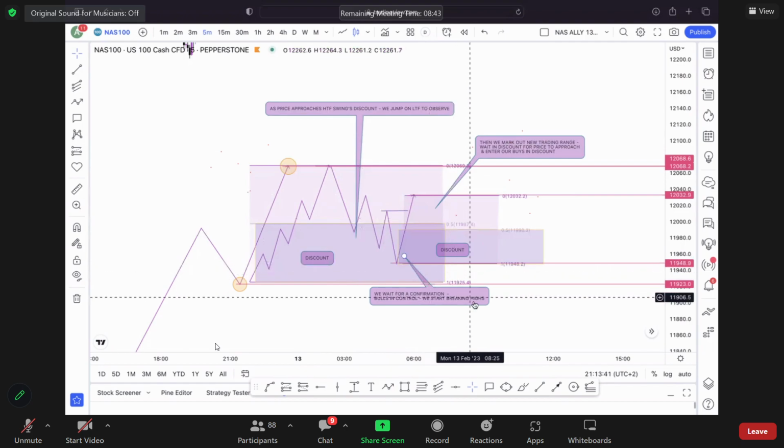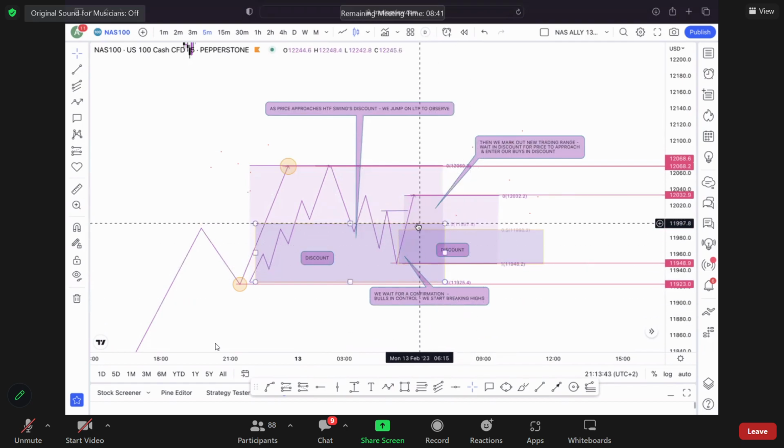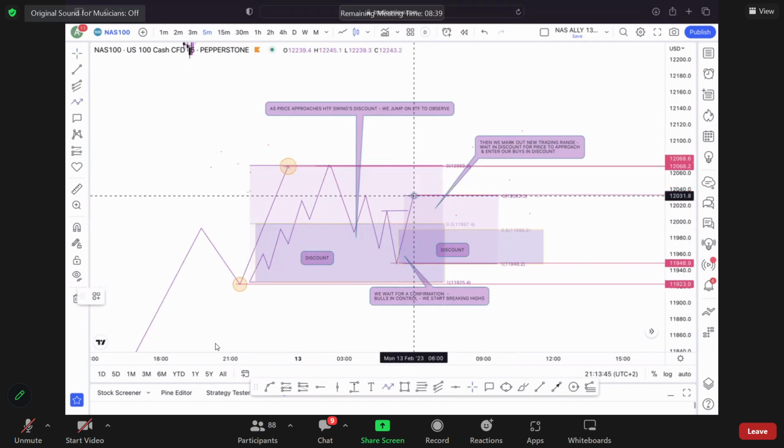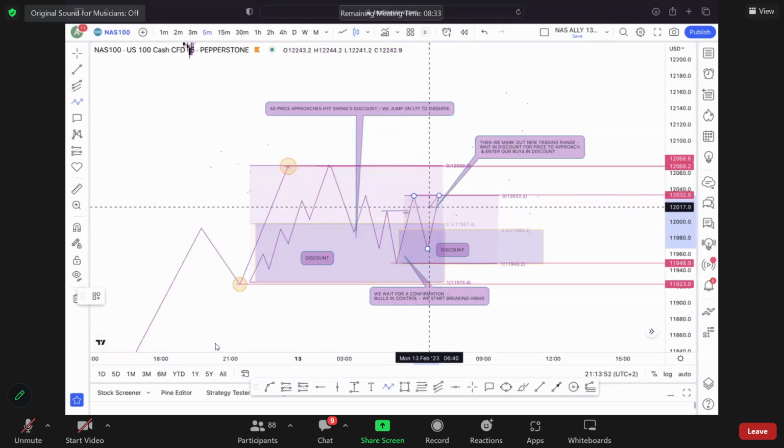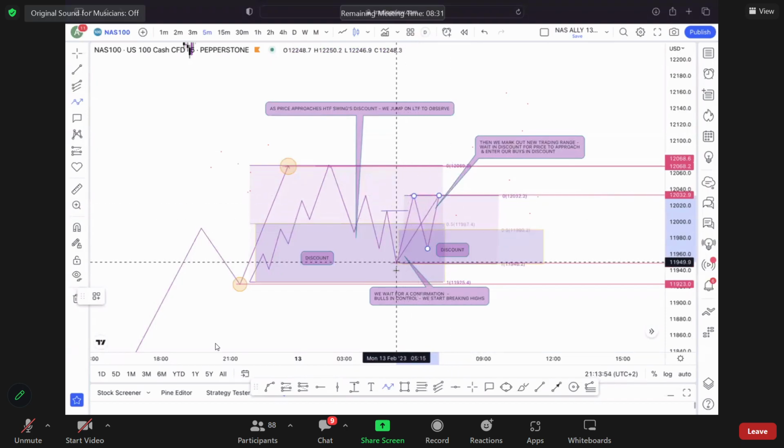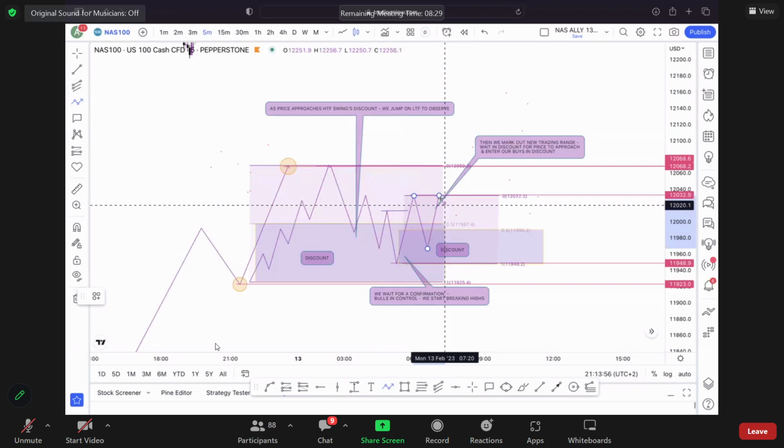Okay, so it really depends. You need to monitor, okay? Because the market can pull back. It can then come to this high and it can fail this high as well. So your first structure is always the top of your trading range. If the market has a small pullback here and you're still holding your positions, this is where your first take profit is.